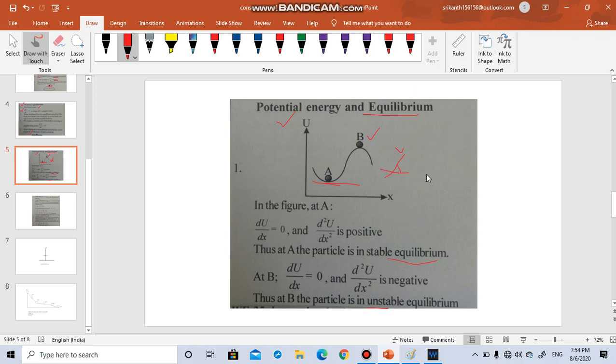Where is the question of slope? Similarly, here also it becomes a parallel line to the x-axis. So no question of any slope, right? So in both situations, the slope is 0. But here the potential energy is maximum. Here the potential energy is minimum. That is the difference. Okay. And particle B is unstable equilibrium. Particle A is stable equilibrium.